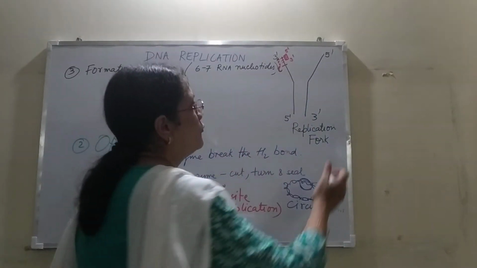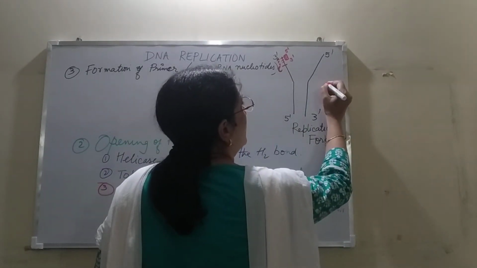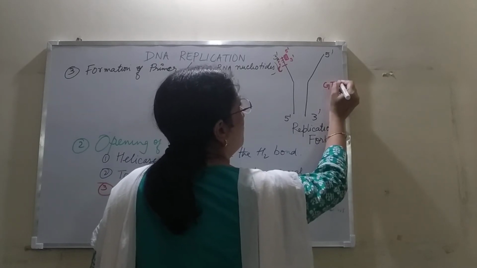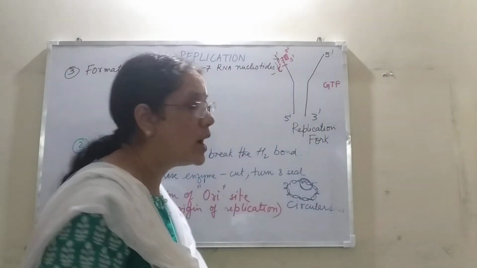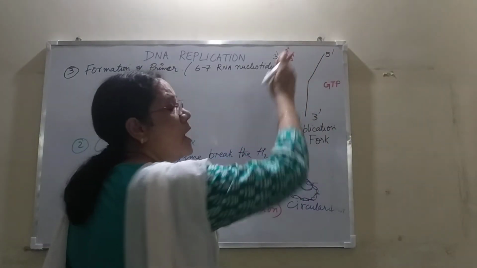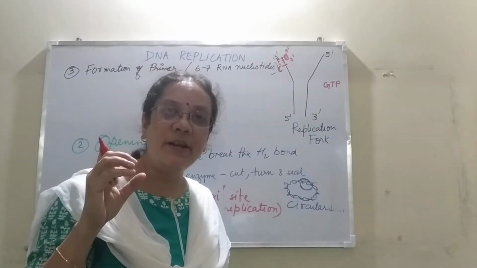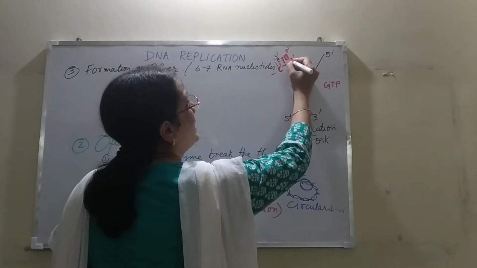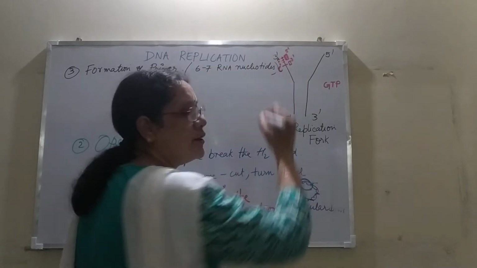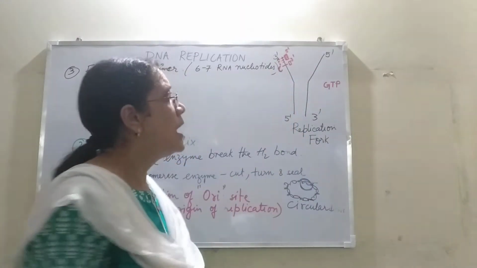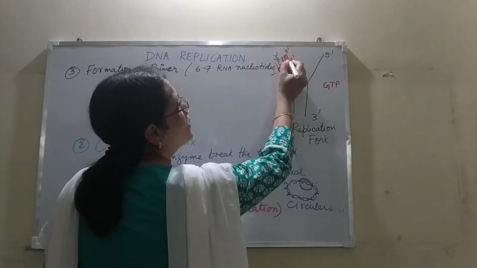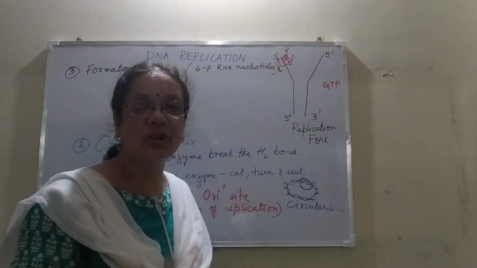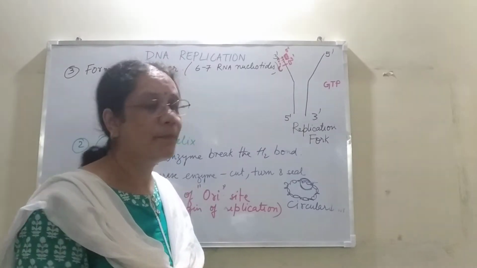So G, what will happen? Guanine triphosphate is going to come, and with it the pentose sugar attached, which is a nucleotide, is going to come and attach here and will form a hydrogen bond here. Clear? Then coming to the next, it is going to form a bond with this primer, because the hydroxyl end of this primer is free.